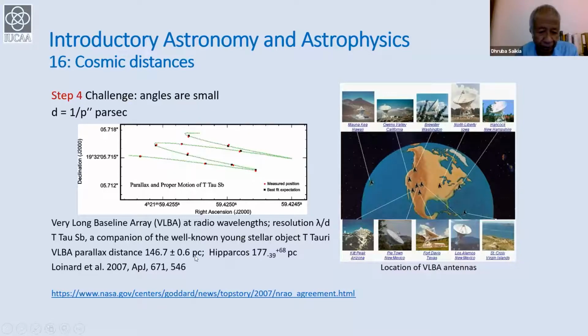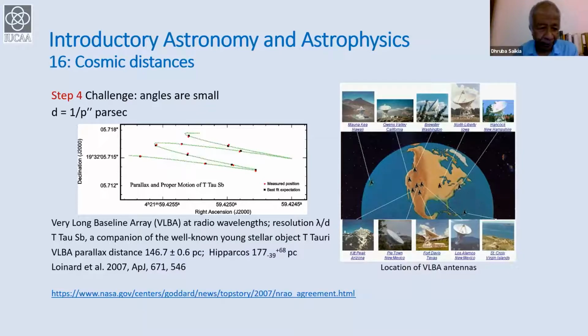Now, the VLBA parallax determined a distance of 146 or 147 parsecs. Hipparcos did slightly differently. The errors are a bit large over here, so within the errors, they would be okay. But these are the kind of consistency arguments that one tries to deal with in terms of measuring distances of objects.